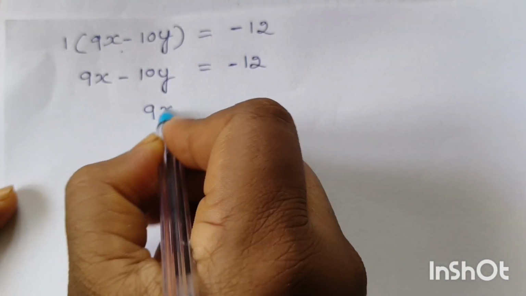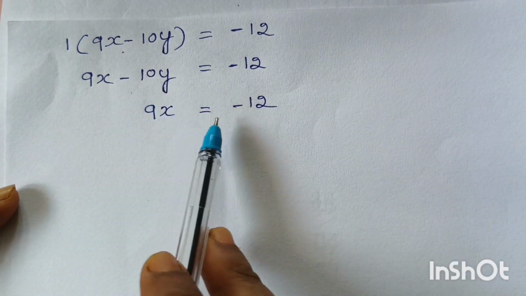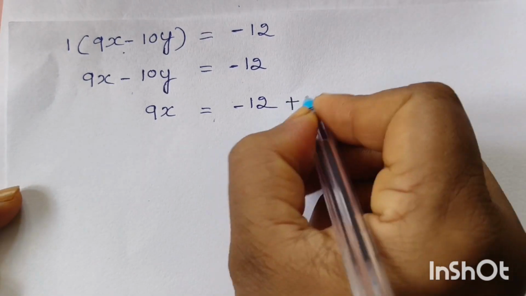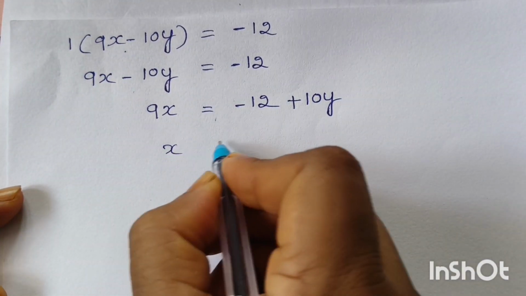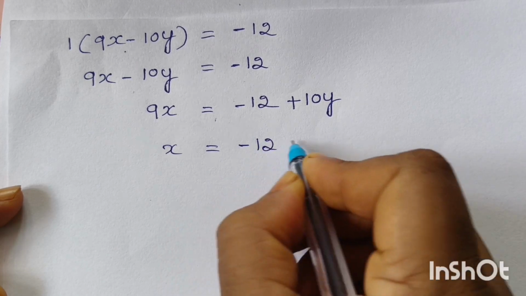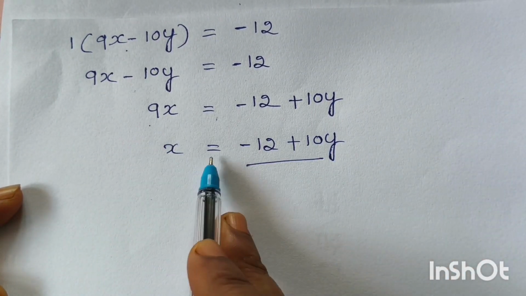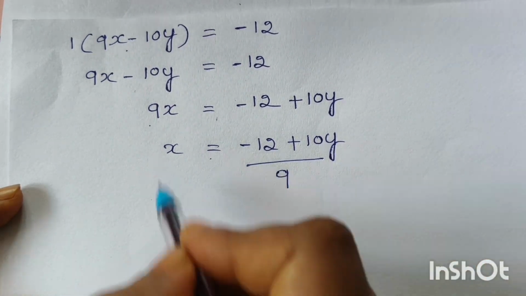9x is equal to minus 12 minus 10y. When it will cross this equal to sign, it will become plus 10y. X is equal to minus 12 plus 10y. This into 9, when it will cross this equal to sign, it will become divided by 9.